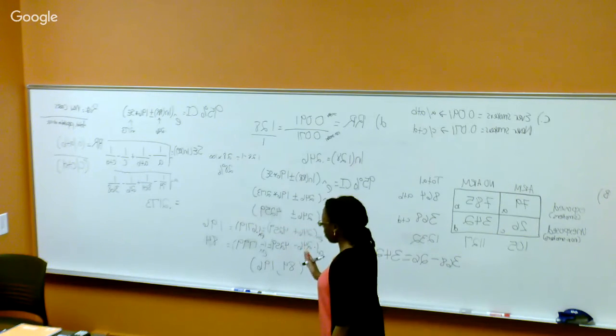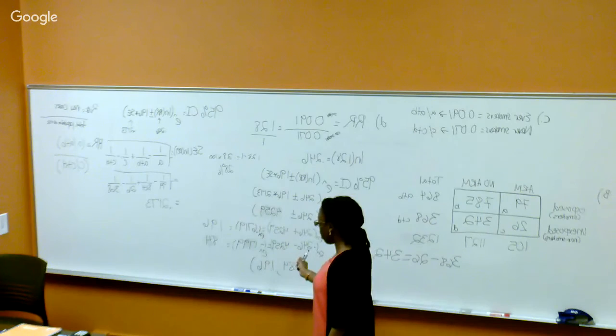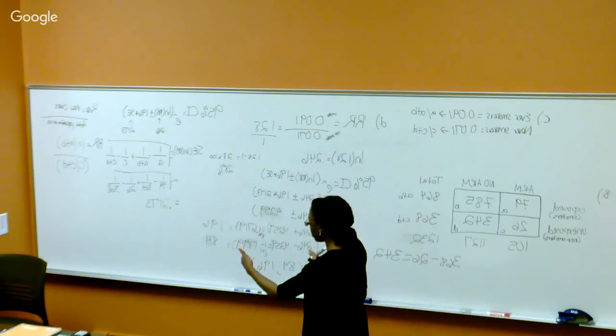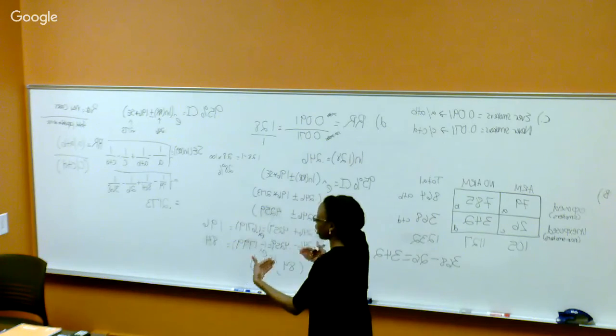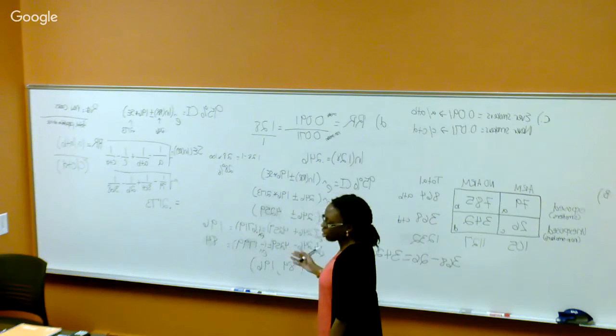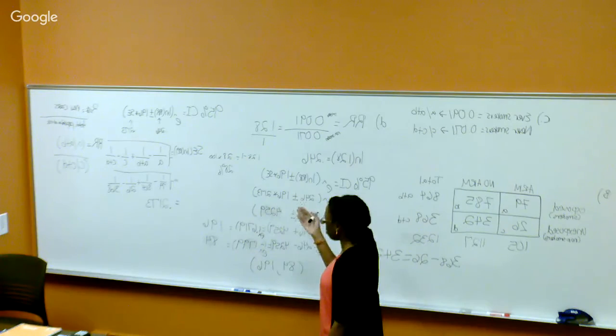And so if that value of 1 is falling within your range of confidence, then that means you can't rule out that 1 is a possibility. It is possible there's no association at all because that number is in there. So because of that, you would conclude that this relative risk value isn't significant because 1 is in the interval.